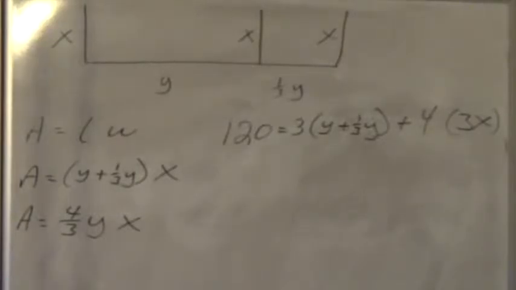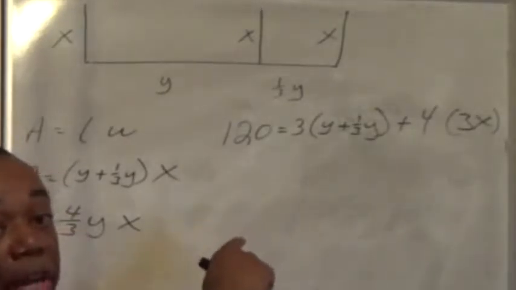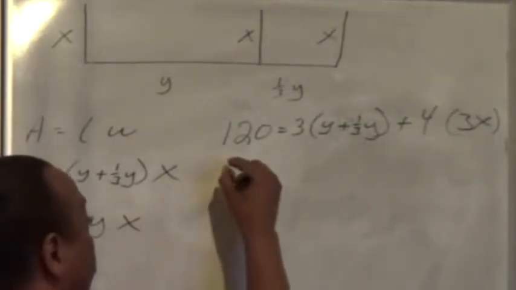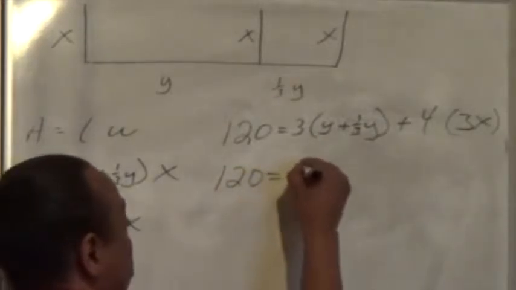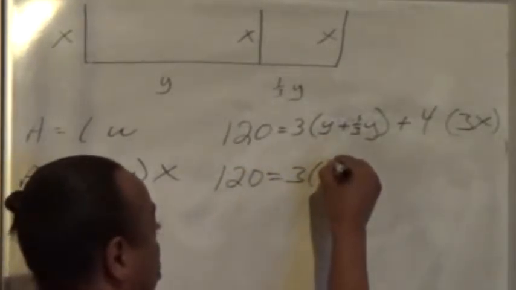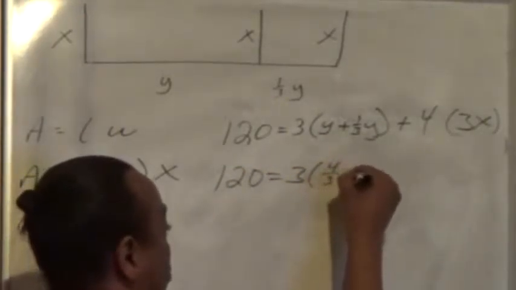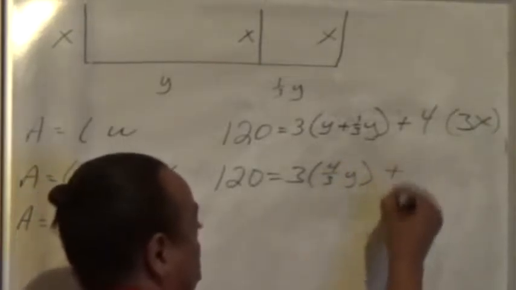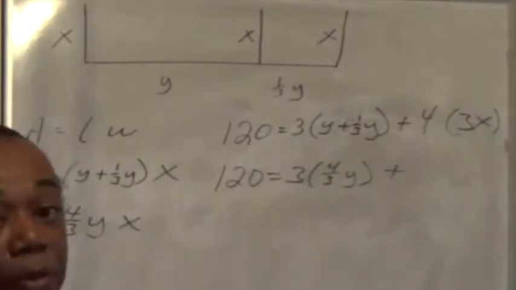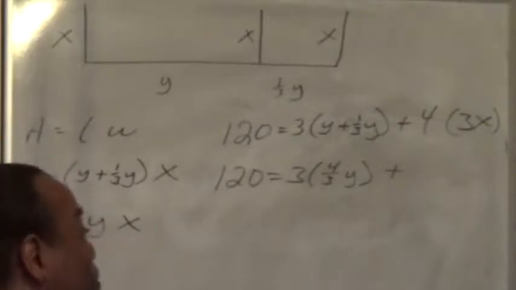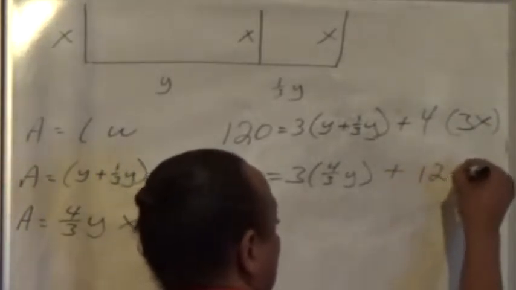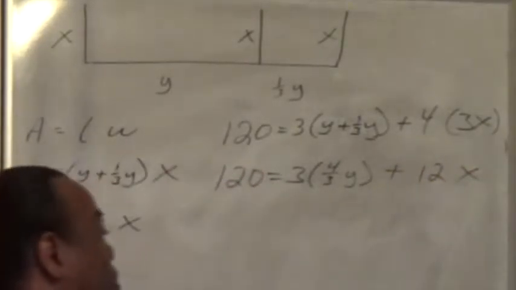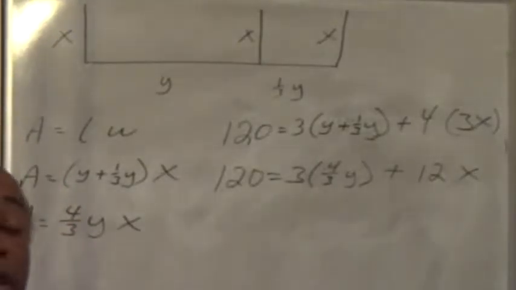Okay. Now I want to simplify this expression. So I want to add the 1Y and the 1/3 Y. And I'll also multiply the 4 times the 3x. Okay.